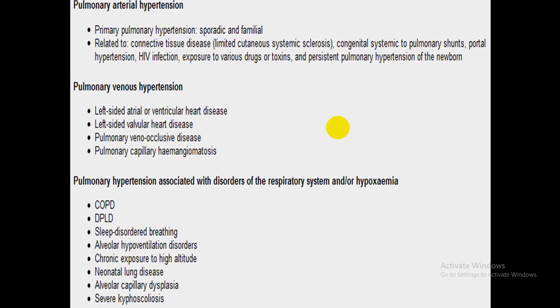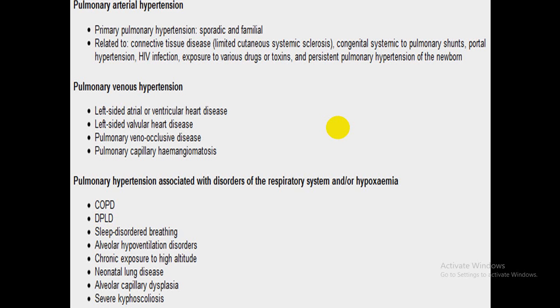The other cause is pulmonary venous. There is a venous pressure increase. The pulmonary vein means the vein which drains the blood to the left atrium, meaning the pressure in the left atrium is also increased, meaning there is an increase in the capillary wedge pressure.